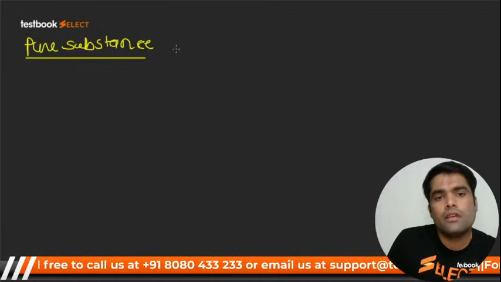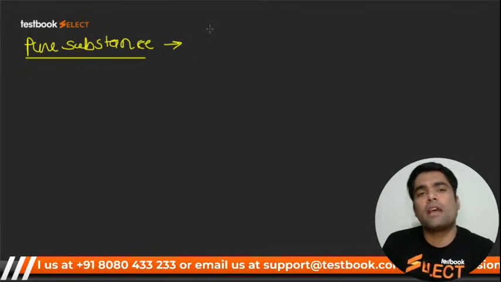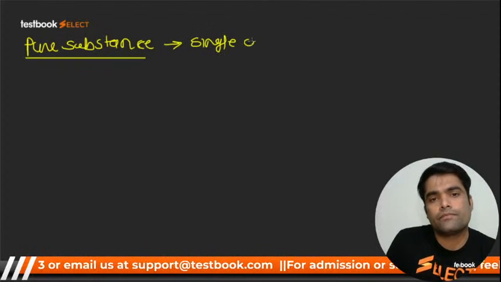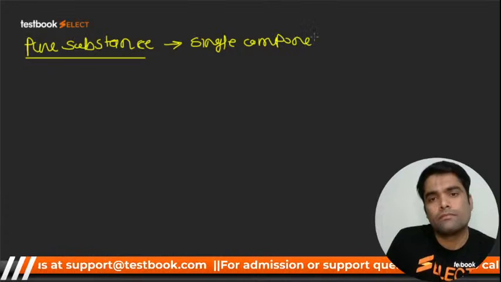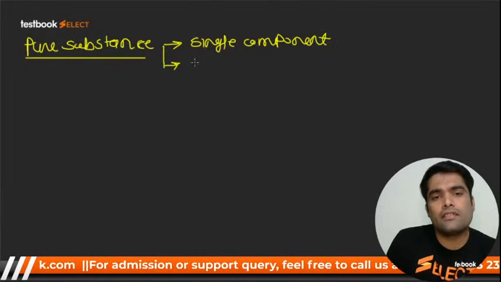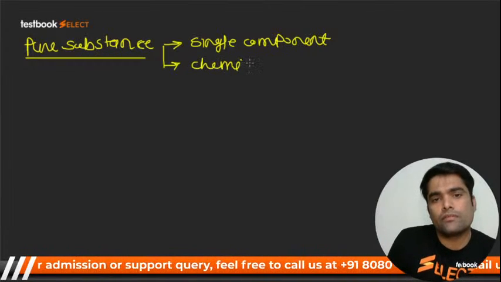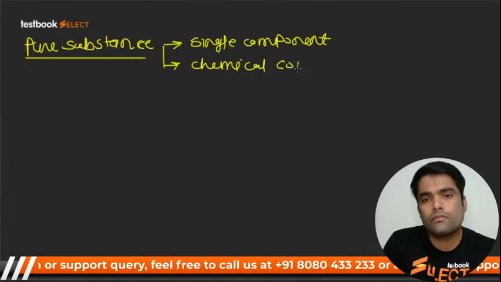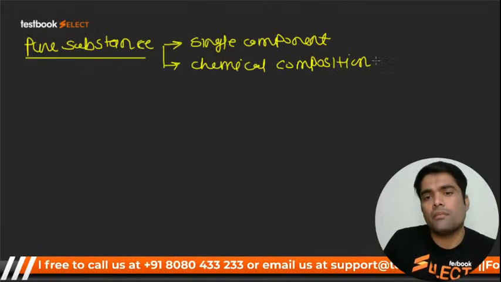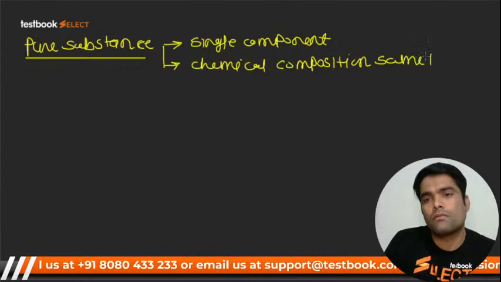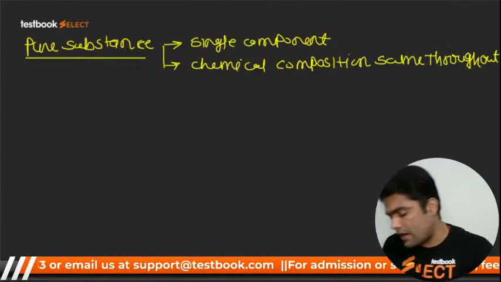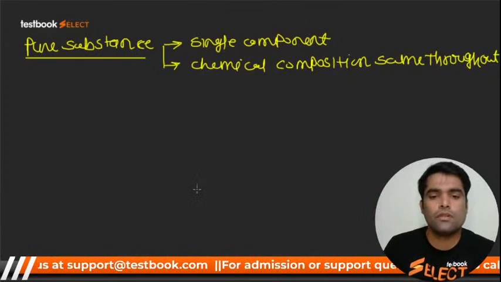Any system can be a pure substance when it is a single component system, and one another condition: chemical composition same throughout. Right? Yes or no? Yes, of course. Okay.